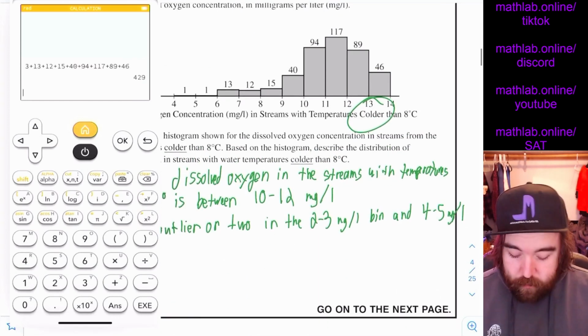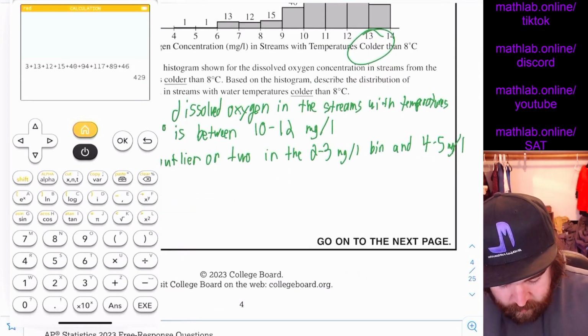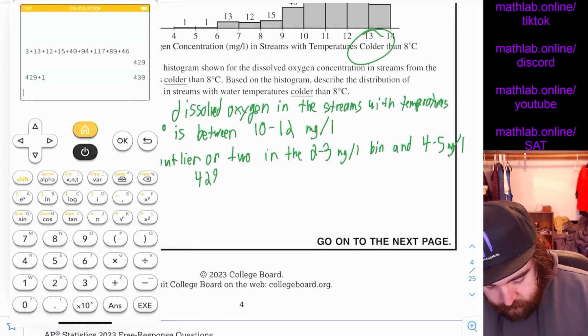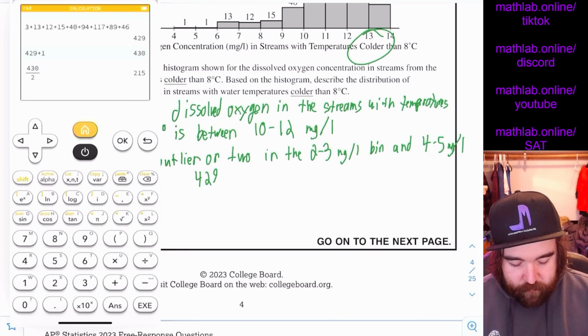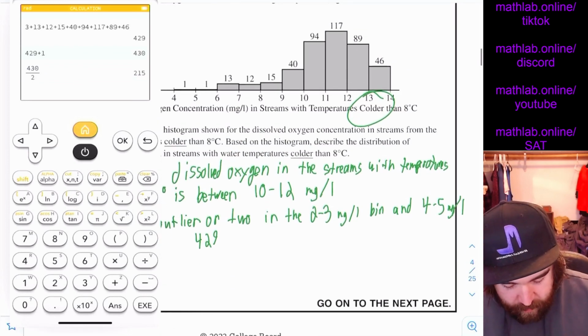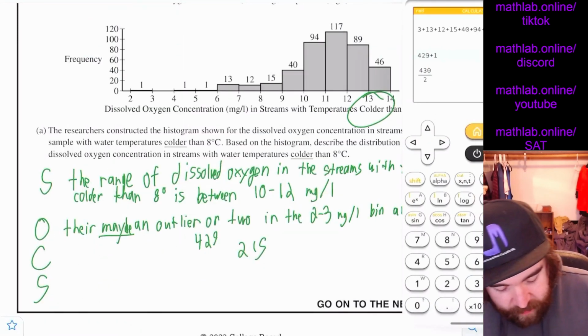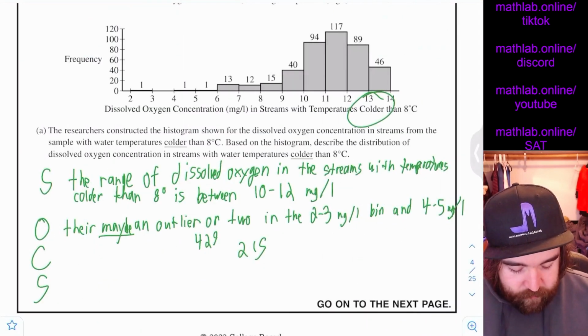So there's a total of 429. That's my birthday. And that means we're looking for the n plus 1 divided by 2. We're looking for the 215th data point.